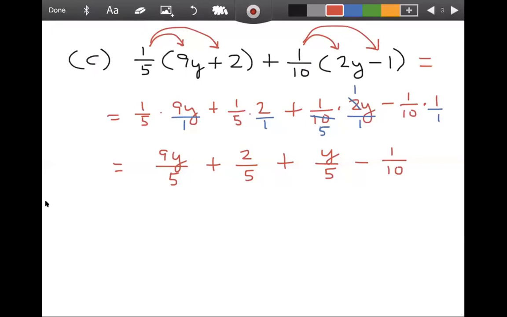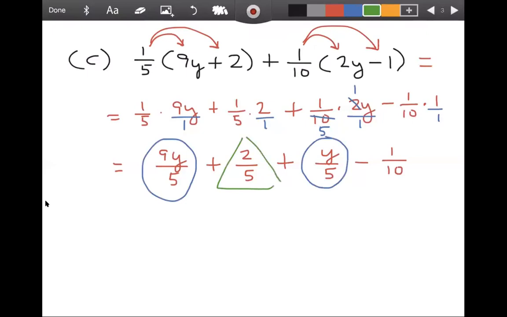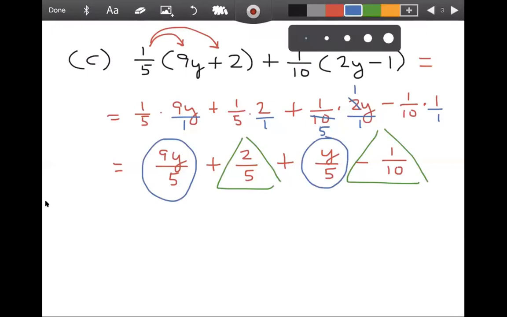So now I'm going to combine the like terms. We have one pair of like terms here because they both have y in them. And we have another pair of like terms here because these are just numerical terms. Notice I'm including the minus. So why don't we write those like terms next to each other?